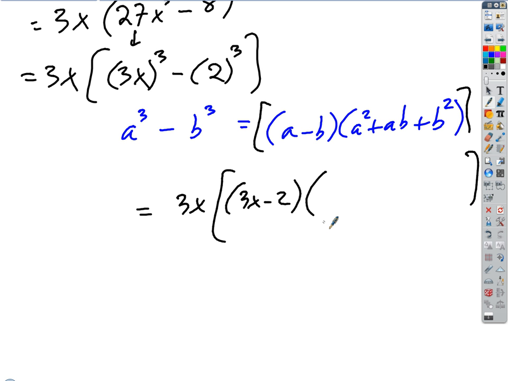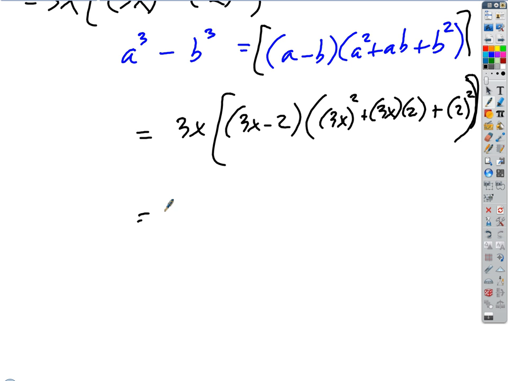3x. Okay, so 3x quantity squared, right? Plus, okay, and then we've got to put that.